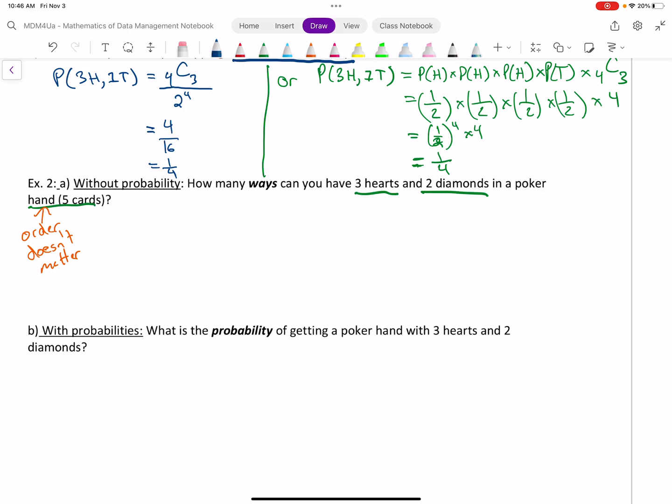So if I want 3 hearts, we have to think about how many hearts there are. We know we've got combinations, and we're going to take 3 of them. Hopefully you remember there are 13 hearts, so a quarter of the deck. And the number of ways that I have 2 diamonds, there's also 13 diamonds, and I want 2 of those. So these are my hearts.